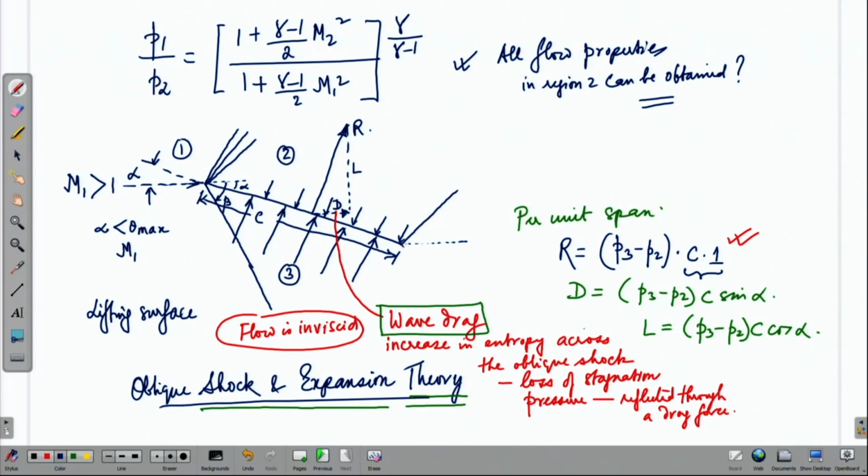On the lower surface, it expands to turn that way, and therefore, there is an expansion fan. So, there is a trailing edge expansion fan on the lower side and an oblique shock on the upper side. So, there was an expansion fan here at the leading edge and an oblique shock at the lower side, right. So, this is how it works basically.